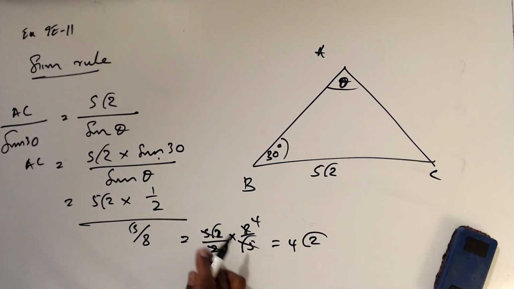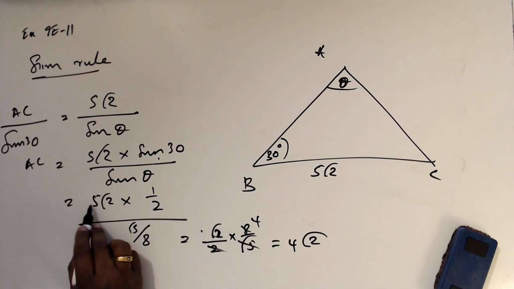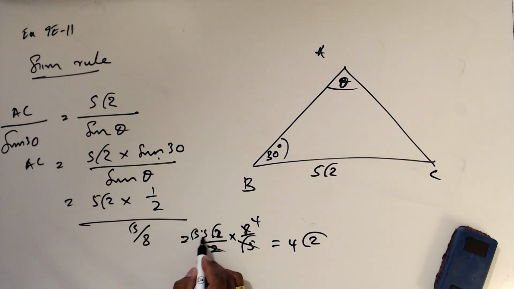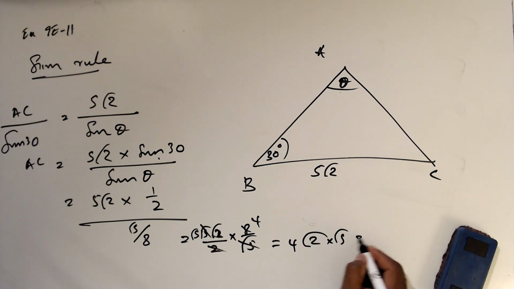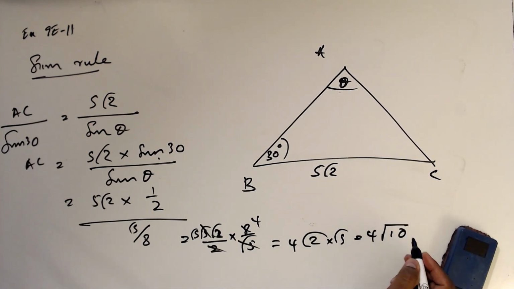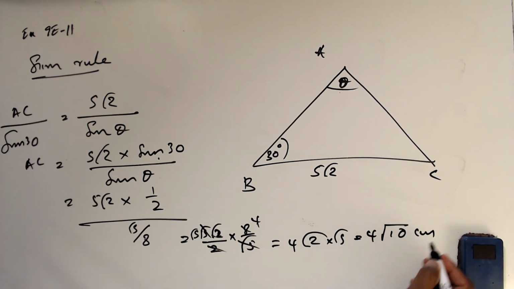I think this has to be 5. 5 means square root 5 times square root 5, so one square root cancels out. So then 4 square root 5 square root 2, which is 4 square root 10 centimeter.